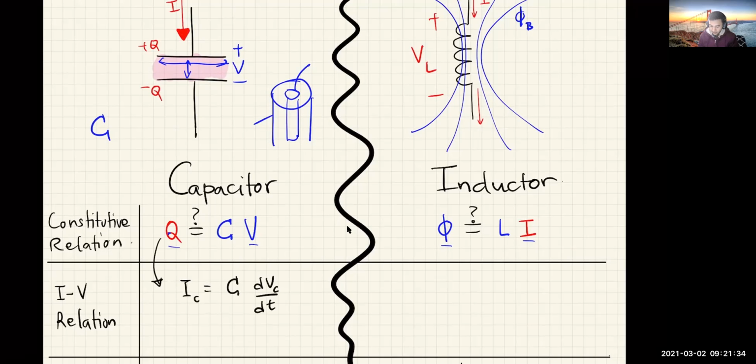Similarly here, you take this first derivative with respect to time, and now this might not be very obvious, but the rate of change of magnetic flux will give you the voltage across the inductor. This is something you'll learn in some electromagnetics course, and you'll end up with L di/dt.